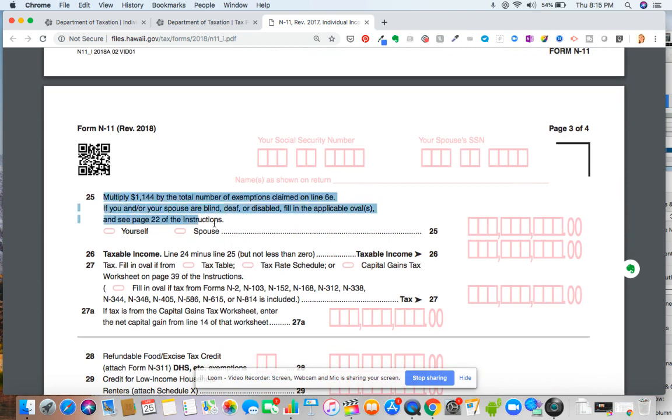Now, unlike federal, you still get an exemption, what's called a personal exemption. This was one of the big changes. We didn't really cover personal exemption because it no longer applies at the federal level, but it used to be just over $4,000. And that's why, even though they raised that standard deduction for federal taxes, they actually eliminated the personal exemption.